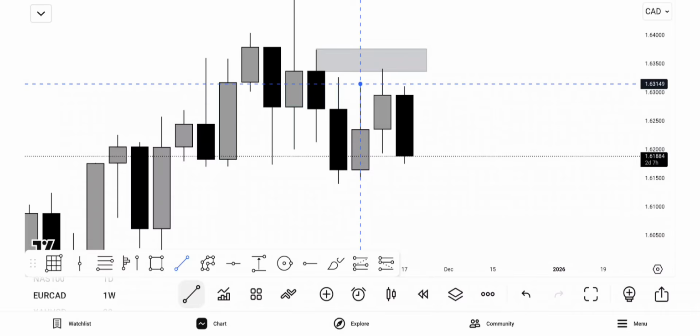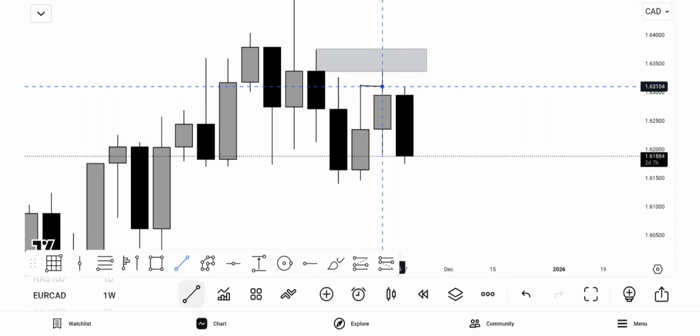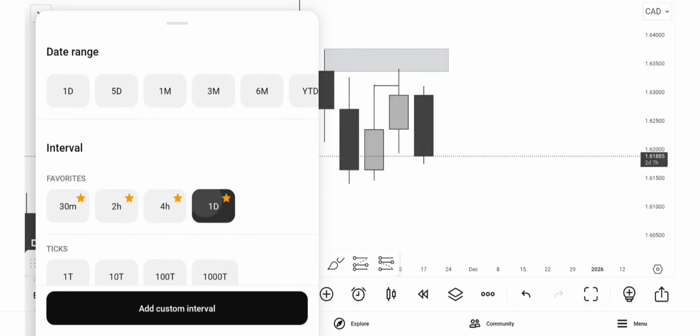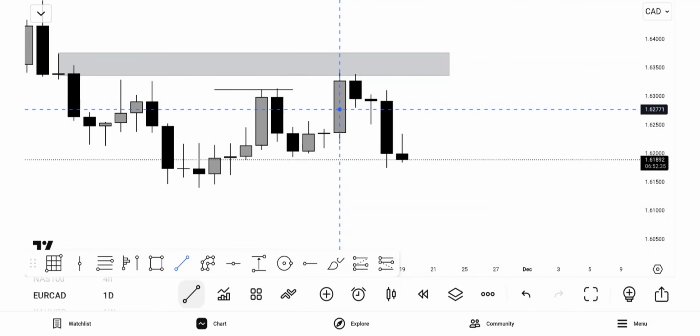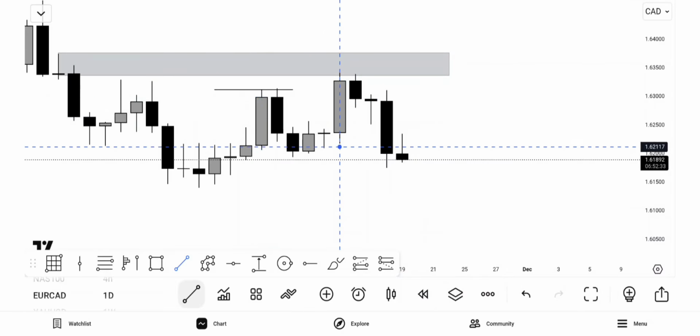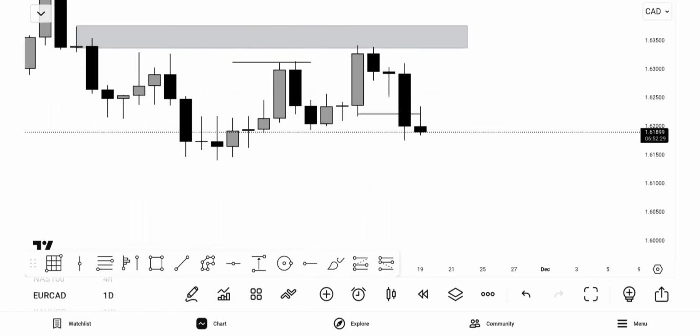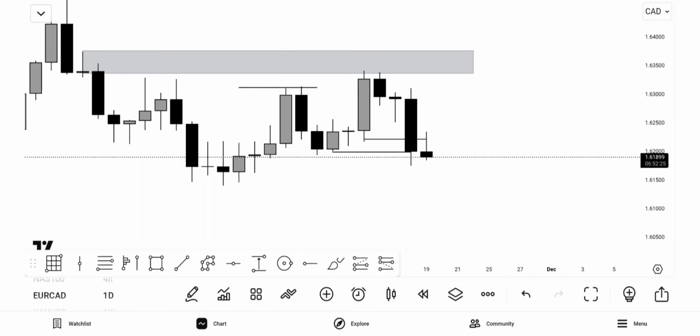Previous week high. If previous week high liquidity is taken, where is price likely to go to? Previous day low. Previous week high taken, previous day low. That's where price is likely to get. So we are targeting this, targeting that. So that's that concerning that.